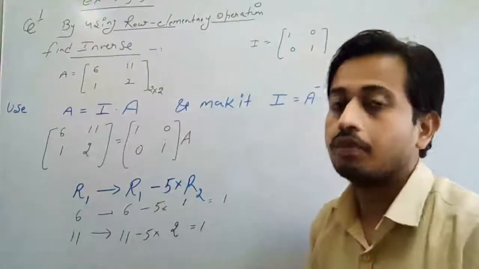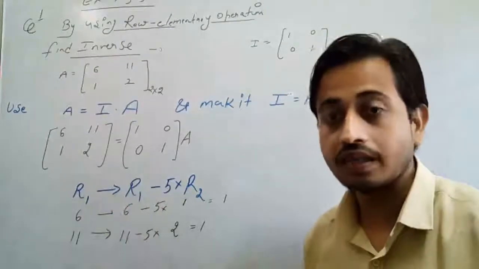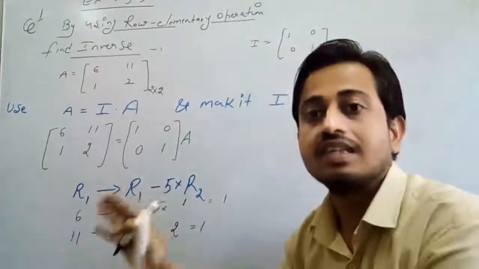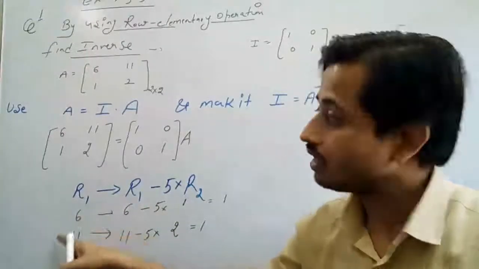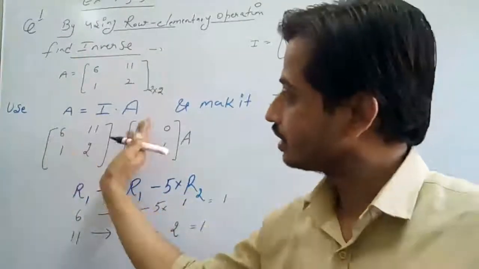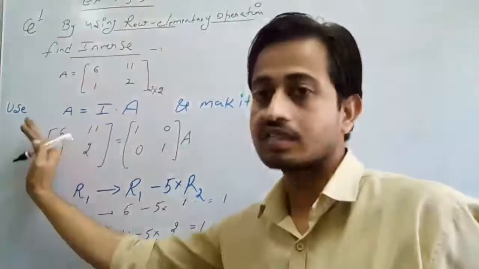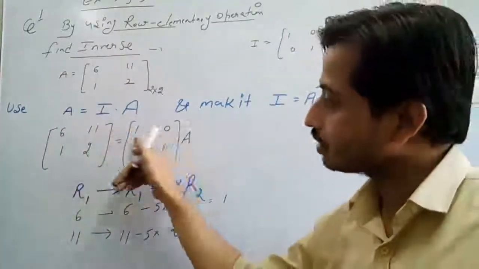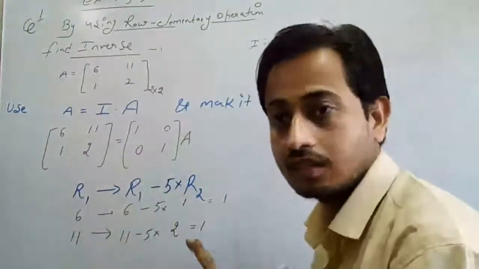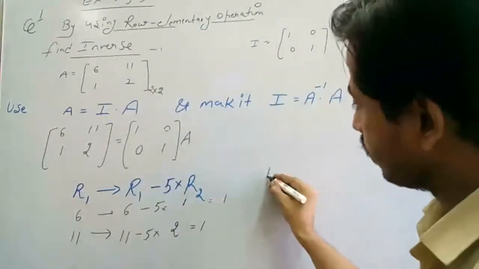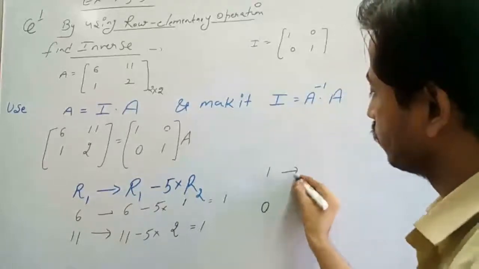Please make a note: we have to apply the same operation on the left hand side as well as the right hand side. So we did only the left hand side here, where our first row is 6 and 11. Now apply the same operation on the right hand side also. Our first row here is 1 and 0, so I am writing 1, 0.